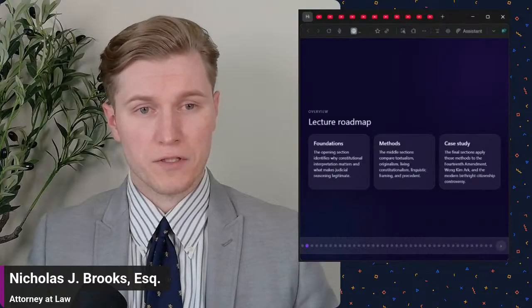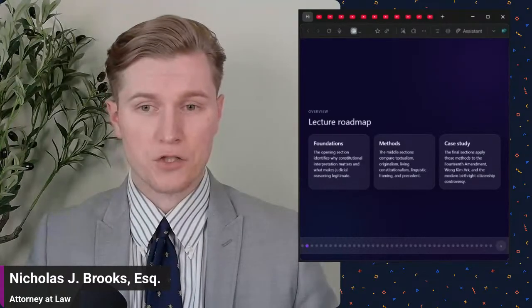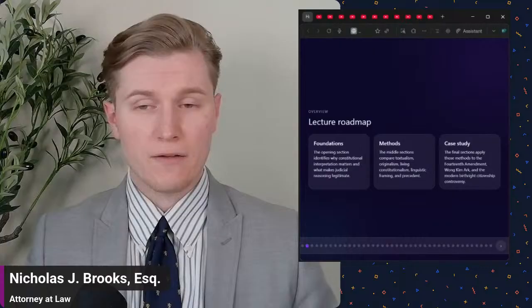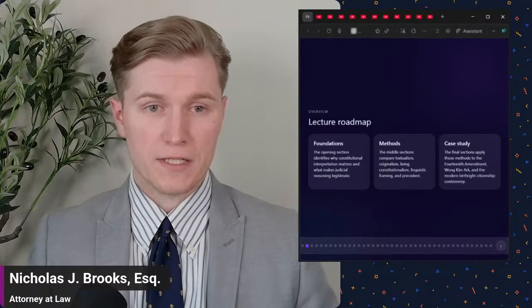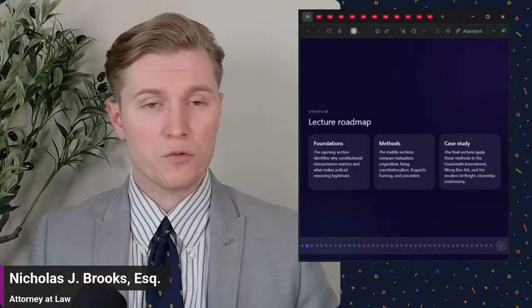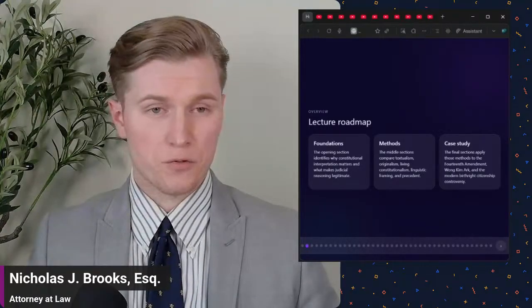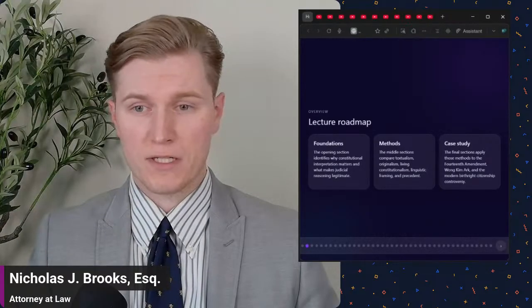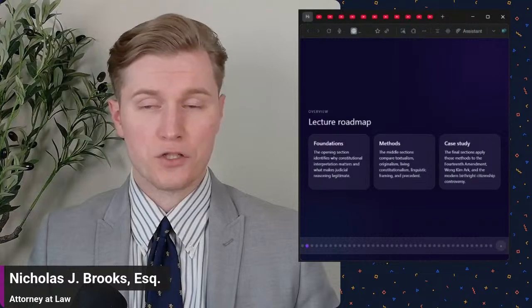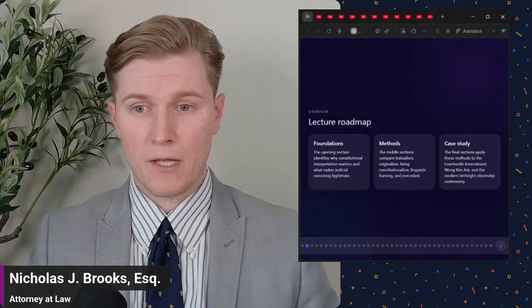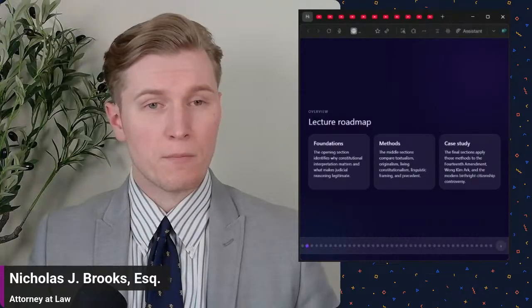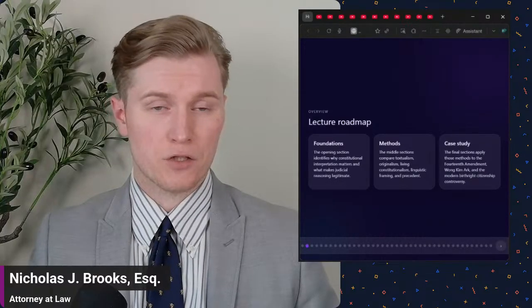The middle section of this presentation will compare textualism, originalism, living constitutionalism, linguistic framing, and precedent, and how those work. Then we're going to do a case study in the final sections, involving how these methods apply to the 14th Amendment, Wong Kim Ark, and the modern birthright citizenship controversy.